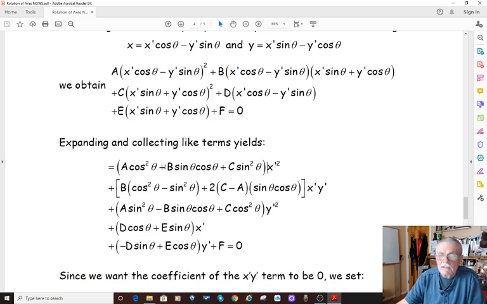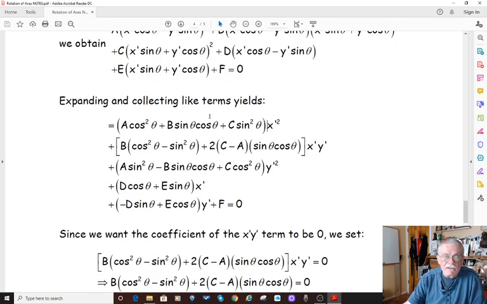This is correct. What I did here is I expanded everything, which I did not show, and I collected like terms. In other words, I'm going to get an x prime squared term from this part squaring, from the multiplication here, and from the squaring here. And those collected, I get this. I did the same thing for the x prime y prime terms, for the y prime squared terms, and so forth.